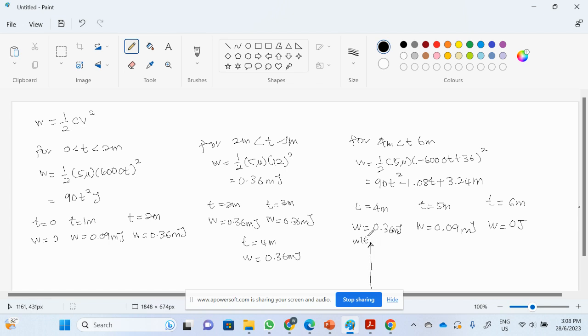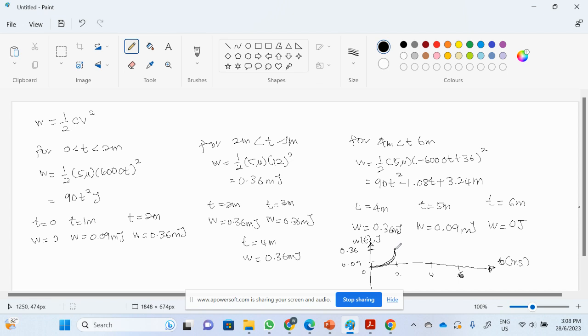So the graph, W against T in unit joule. Do you have plus minus values? No, all plus. Maximum value is 0.36, you also have value 0.09 and 0, of course, for 0 to 2, 2 to 4, 4 to 6. This is 6 over here. This is T in millisecond. At 0 it starts from 0 and then goes up to 0.36.